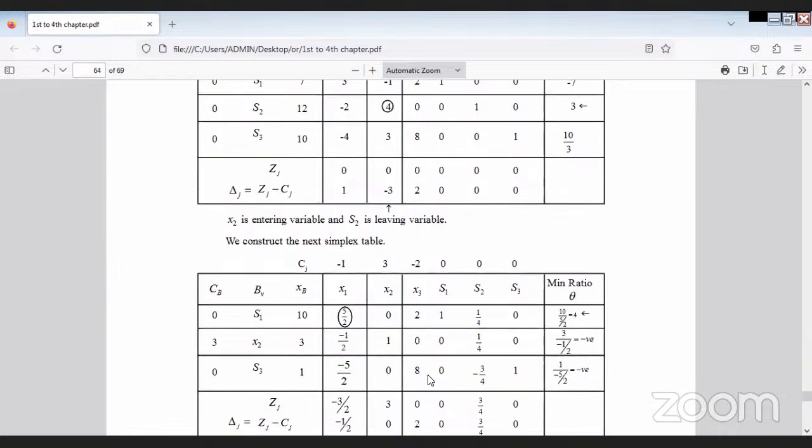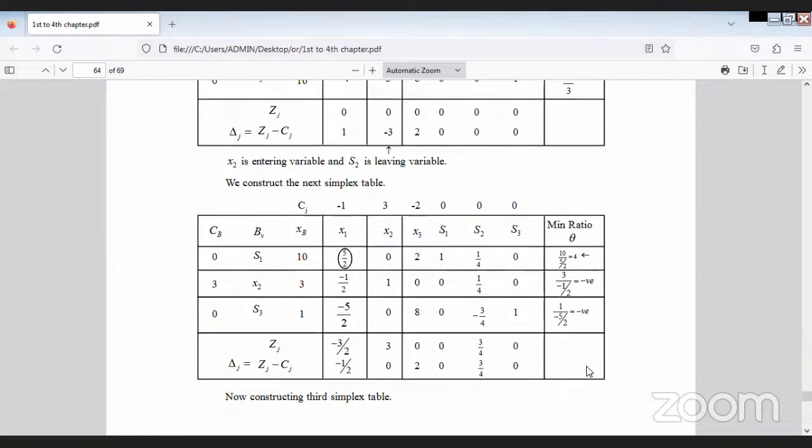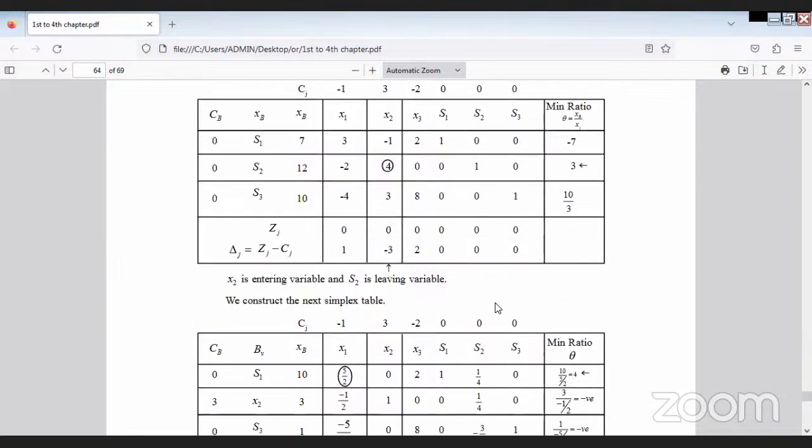Earlier we took minus 5/2, minus 1/2, minus 5/2. How did it come? 1/2. How did 5 by 2 come?